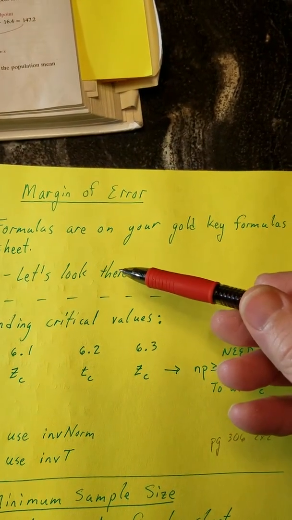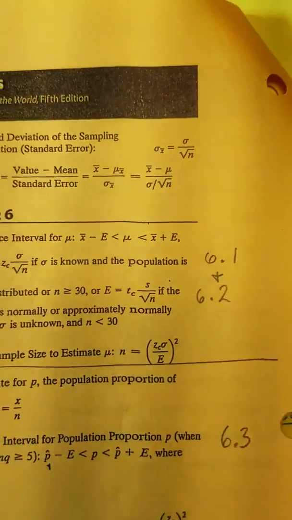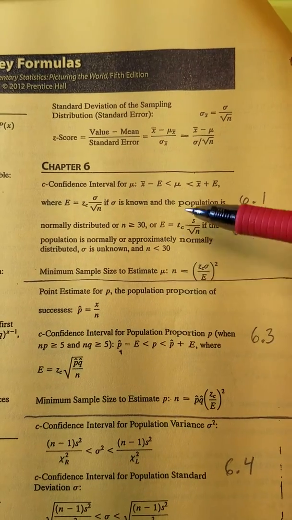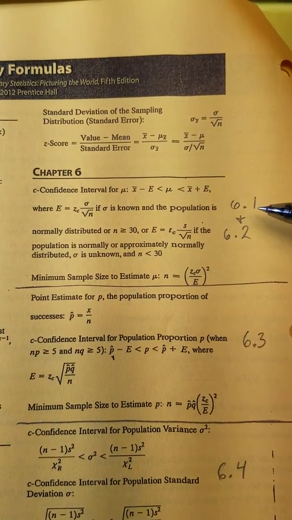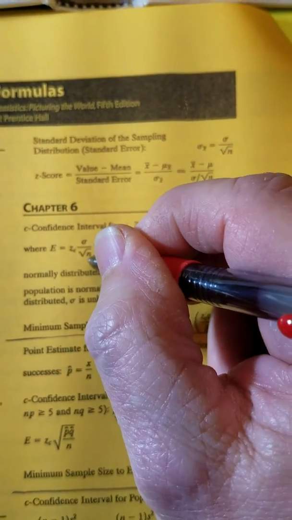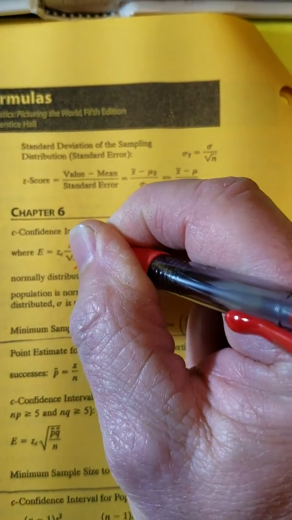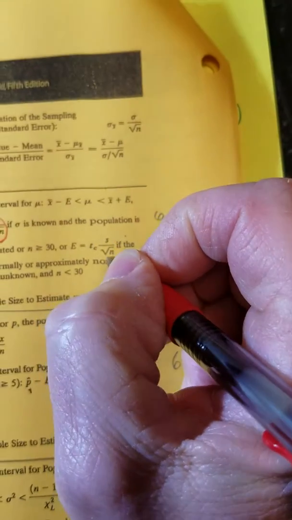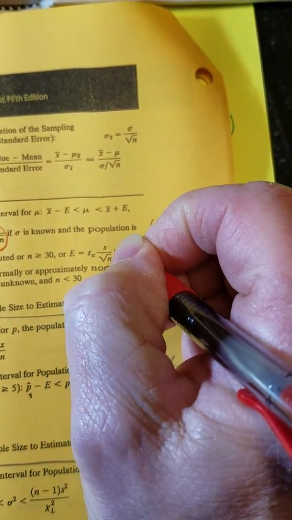This is split up like this. This is all 6.1 and 6.2. For 6.1, if you're looking for margin of error, it's this formula right here. And for 6.2, this was your formula.